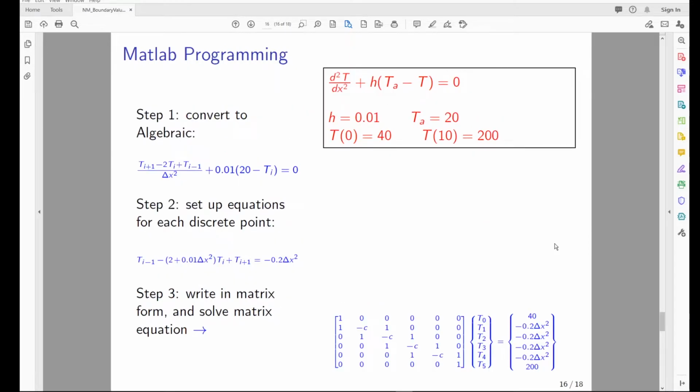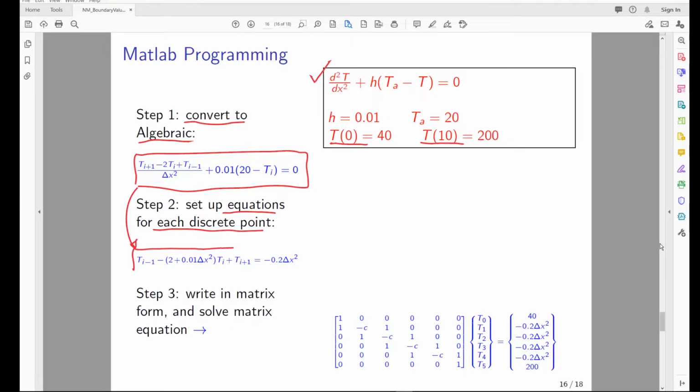Okay, so just as a sum up, we have this ordinary differential equation right here. We've got 2 boundary conditions at the beginning and the end of our domain. And instead of converting it into 2 first-order ordinary differential equations, we're going to convert it into an algebraic expression right here. We're going to set up the equations for each one of these discrete points, and so we can rework this equation into one that's a little easier to compute.